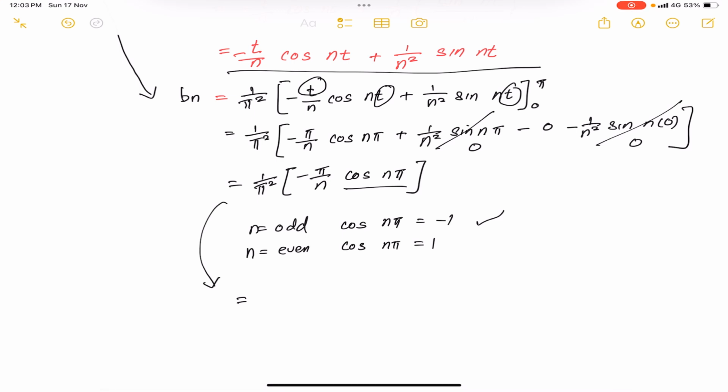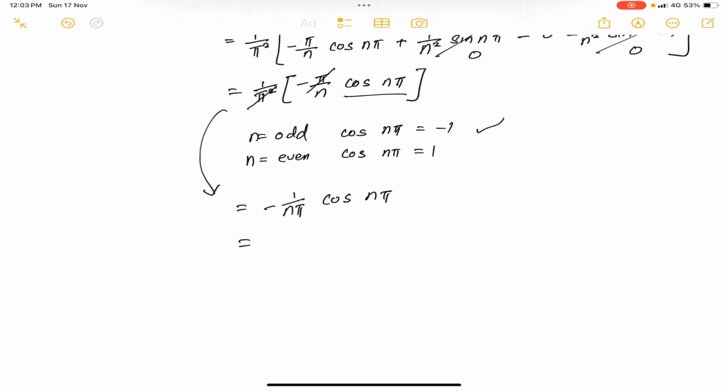So from here you can simplify also. So you can get -1 over n pi cos n pi. Then it's easy for you.